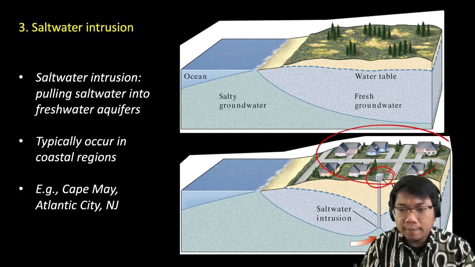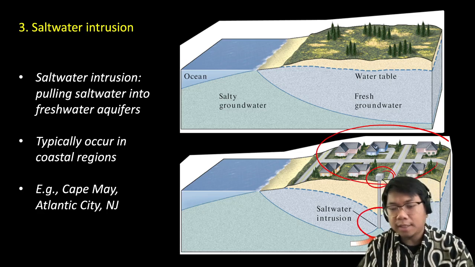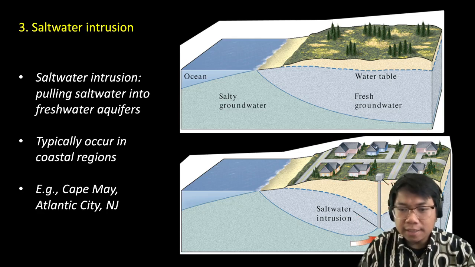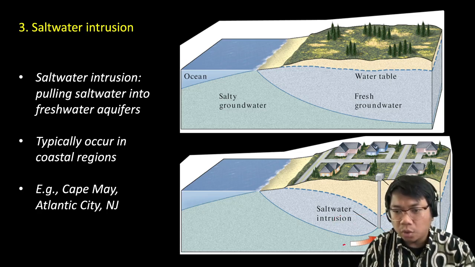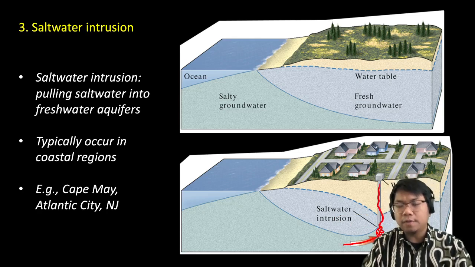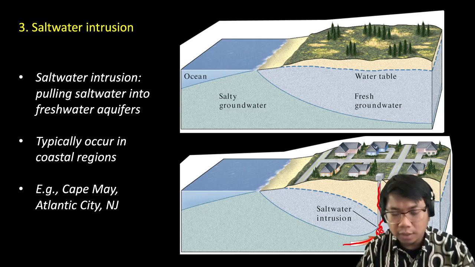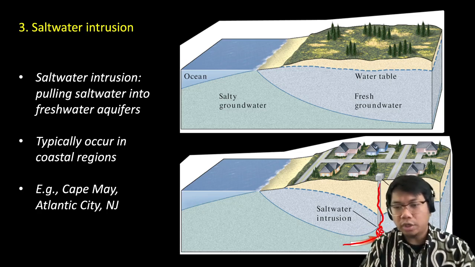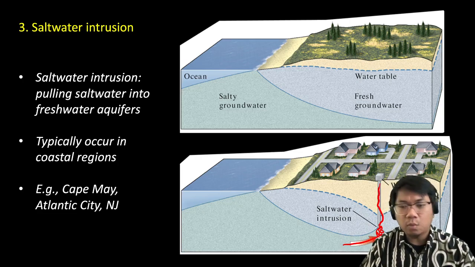Now when the pumping happens so excessively, these wells, instead of producing fresh water from this blue layer right here, will have salt water coming into the well. Once the salt water comes into the well, it will keep producing salt water throughout the age of that well.